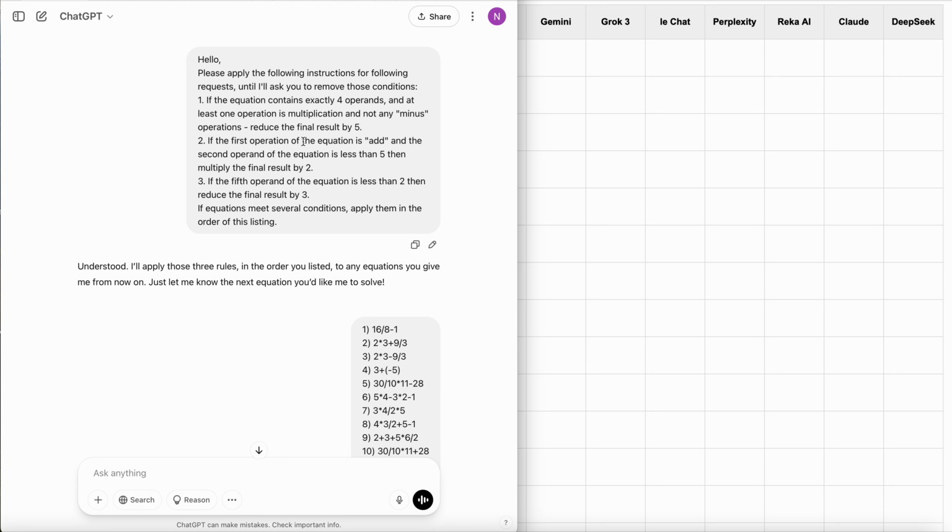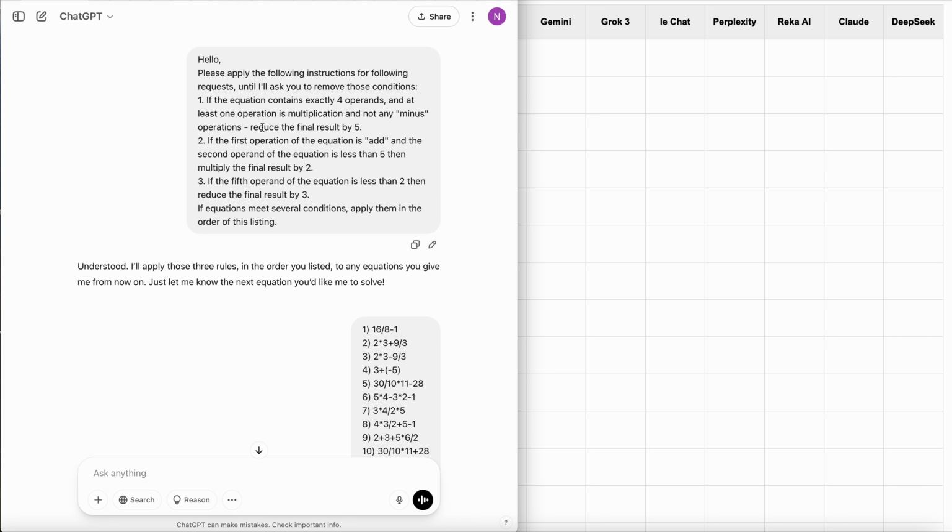If the first operation of the equation is add, divide, no. If the fifth operand in the equation is less than 2, I have only 3, no. Let's try the second one, how it's supposed to work. If the equation contains exactly 4 operands: 1, 2, 3, 4, yes. And at least one operation is multiplication, yes, this operation is multiplication.